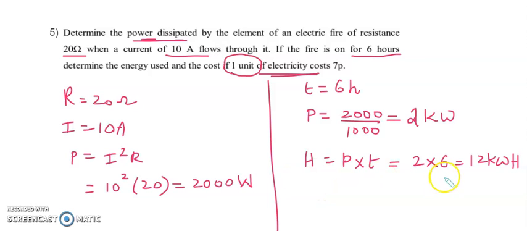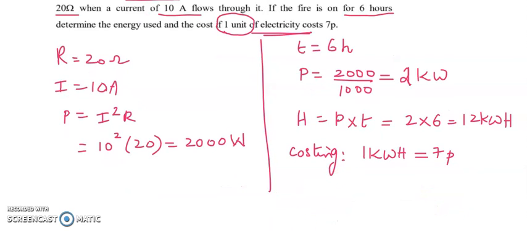Now, this is the second part. My main part is how much it is costing. So the cost for 1 kilowatt hour is 7 paise, right? 7p means 7 paise. So for 12 kilowatt hour, it will be 12 times 7, and I need it in rupees, so I'm going to divide it by 100.